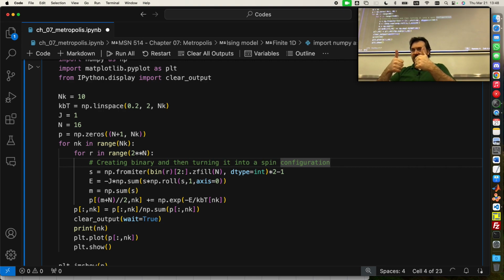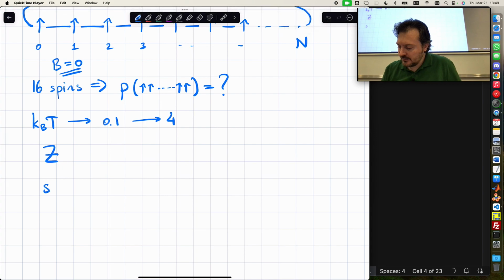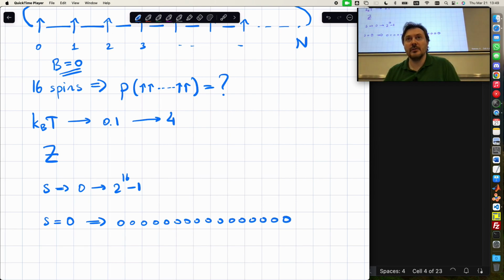Did you get it? No? Where are you? Yes. Thank you. So let me just explain it. S goes from 0 all the way to 2 to the 16 minus 1. So far, so good? When S is 0, I turn it into binary, and it's 16 zeros. And I turn it into minus 1, minus 1, minus 1, and so on, down to minus 1, minus 1.